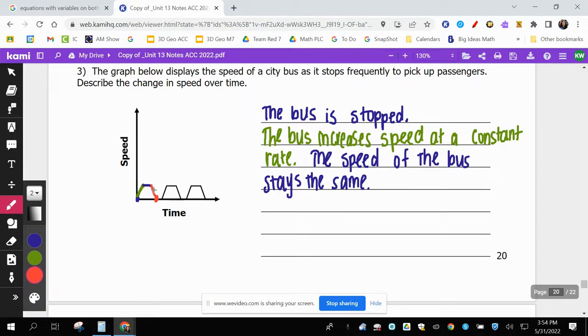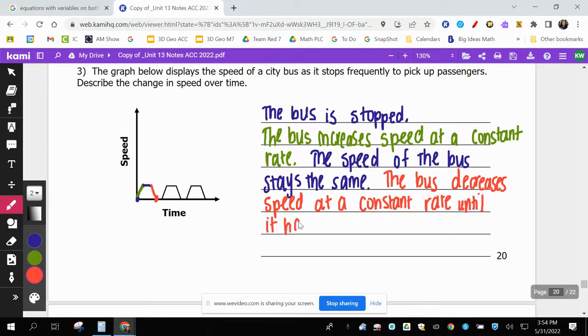And I say constant rate because that's a straight line. The bus decreases speed at a constant rate until it is stopped. Okay.